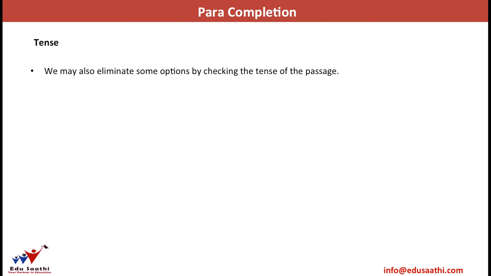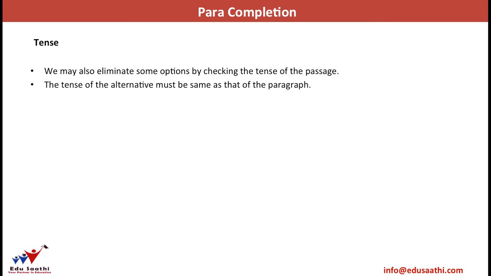They won't give you a sentence and ask you what is the tense of this sentence, right? But they may check whether you understand that the tense must be homogeneous in the entire section. That is why sometimes the question paper setter may give you some alternative that violates the tense of the passage.